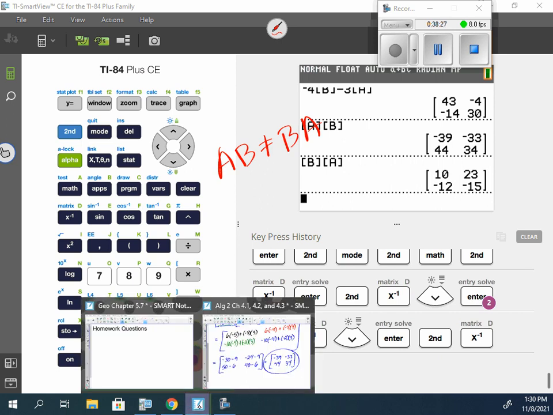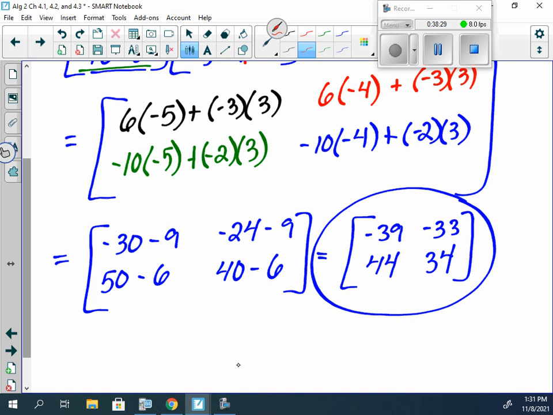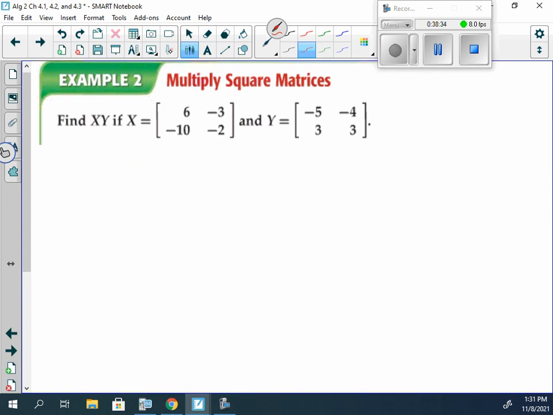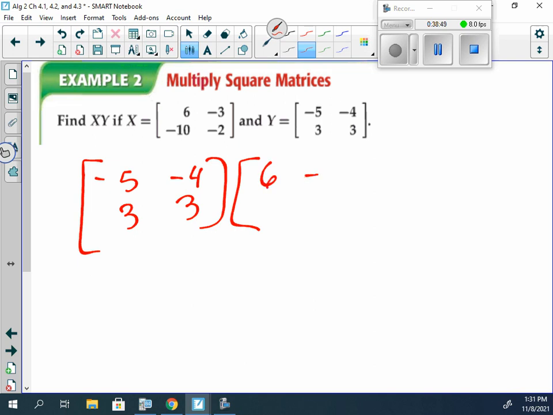Now, I'm going to erase this here. I won't work it all the way out because we already know what the answer is. I don't like the fact that I'm not working this all the way out, but I want to make my point before we get all the way through it. Because this here is y times x, the reverse, yes?